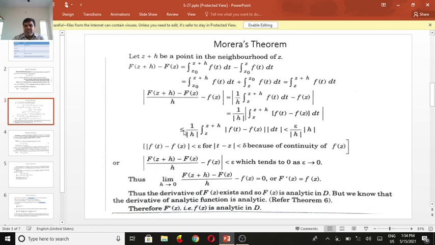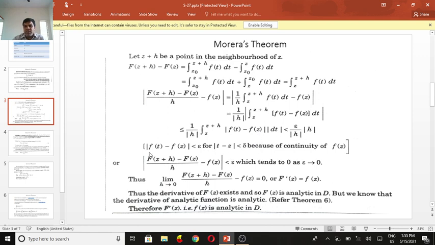This is less than or equal to 1 by mod h times the integral from z to z+h of the absolute value of f(t) minus f(z) dt, which is less than or equal to epsilon by mod h into mod h. So mod h gets cancelled.